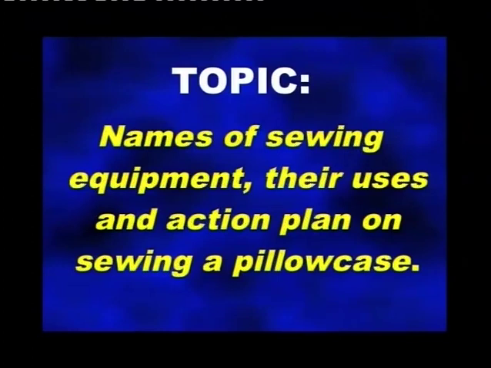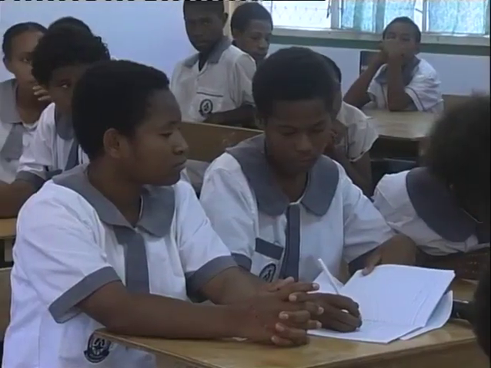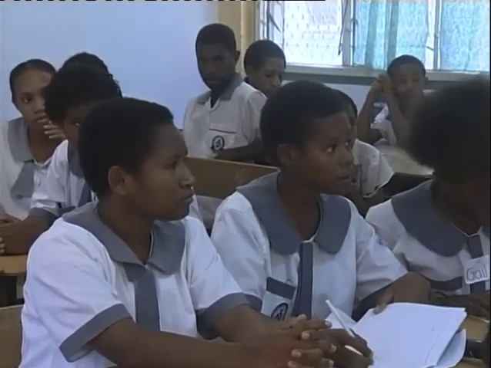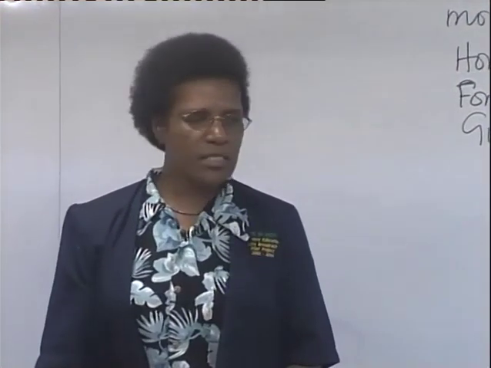Just like the carpenter who needs tools to help him to build and maintain buildings, a seamstress needs tools or equipment to help her in her sewing, and not only the seamstress but everyone everywhere needs tools or equipment to help them in whatever they want to sew.